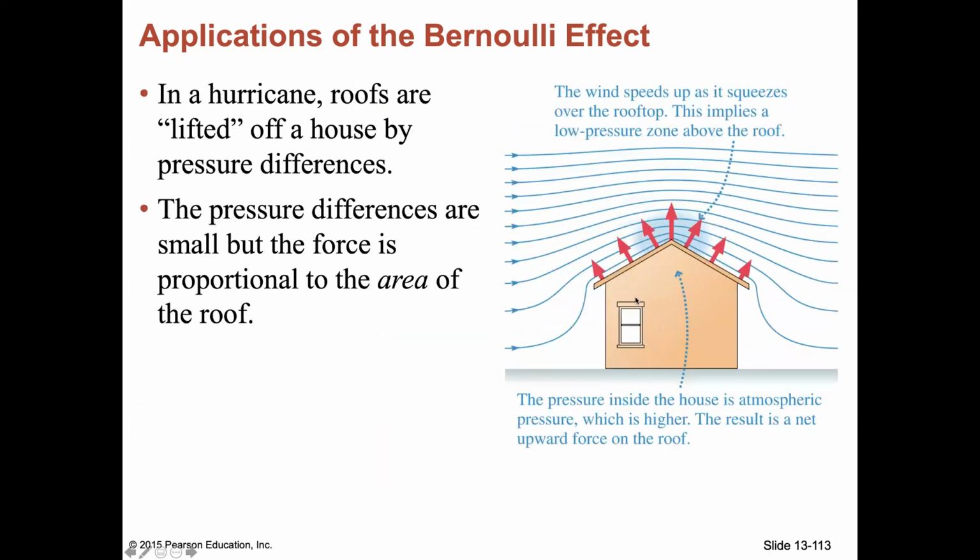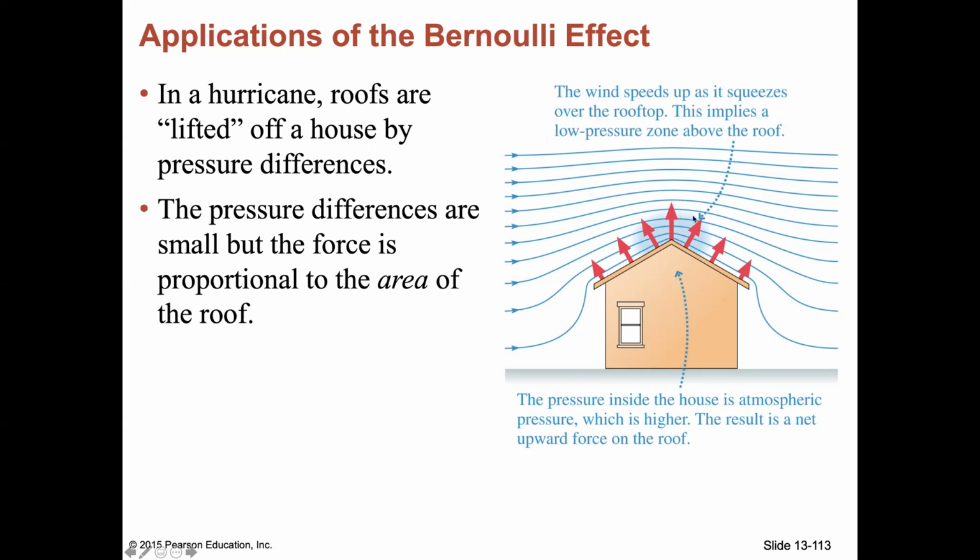But this effect sometimes is harmful. For example, in a strong wind or in a hurricane, the roofs could be lifted off from a house by pressure difference. Because the roof usually is designed in a triangle shape, the wind or the airflow above the roof becomes faster.